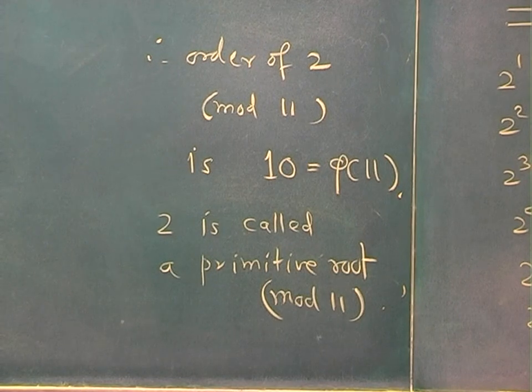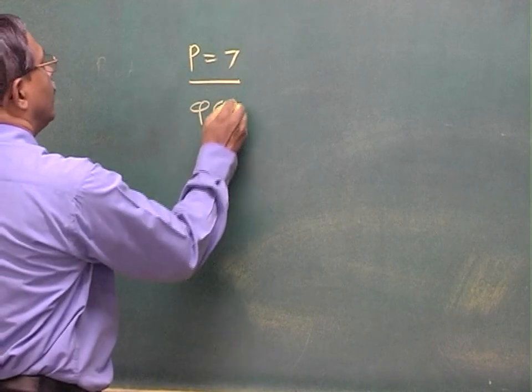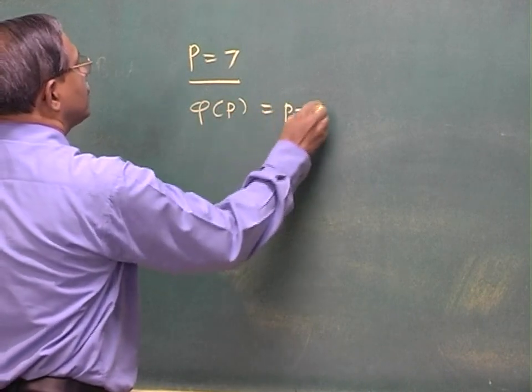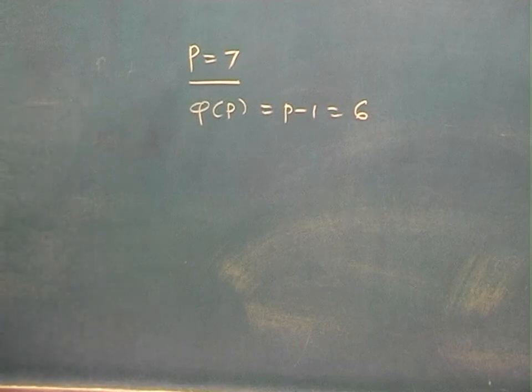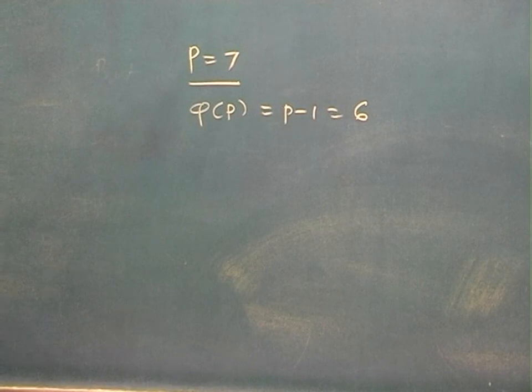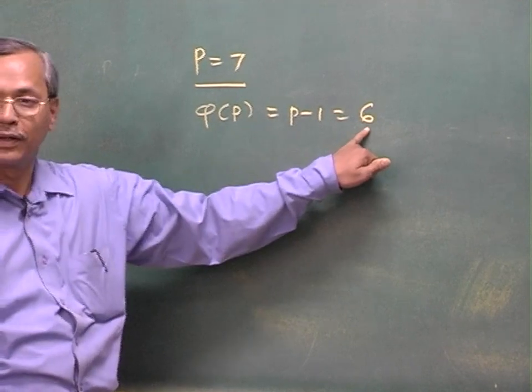Two may not always be a primitive root. For example, if I take p equal to 7, what is phi of p? p minus 1, that is 6. What are the possible orders of 2? Can you tell me possible orders of 2? The order of 2 has to divide this number.